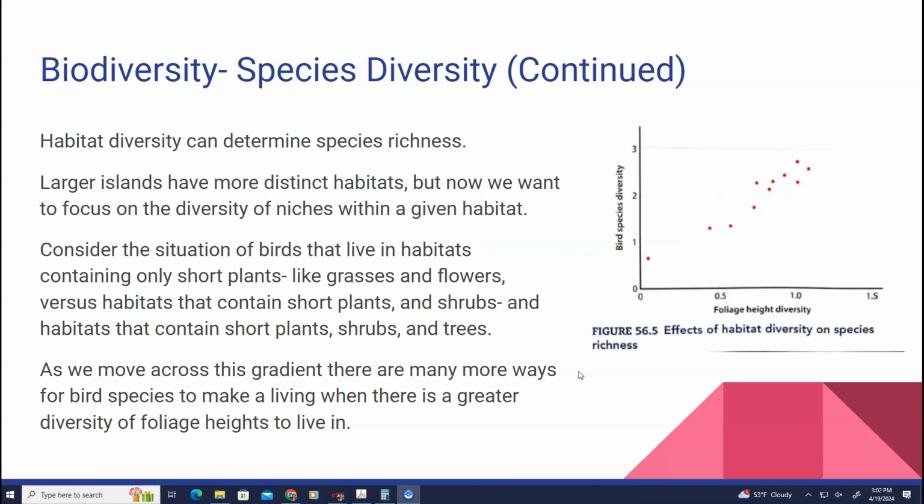As we move across this gradient, there are many more ways for bird species to make a living when there is a greater diversity of foliage heights to live in. So the more diversity within the habitat, the more species can survive in that habitat.